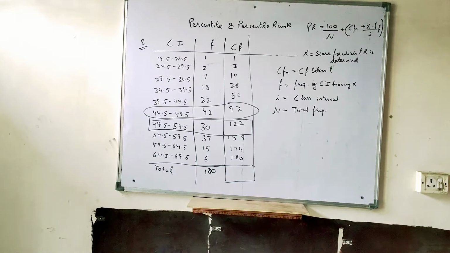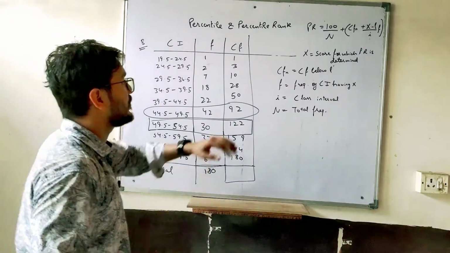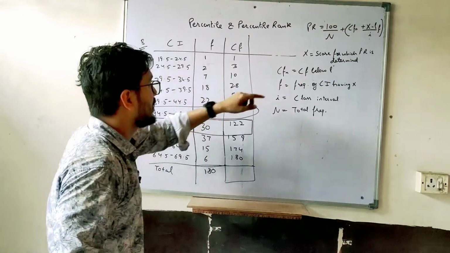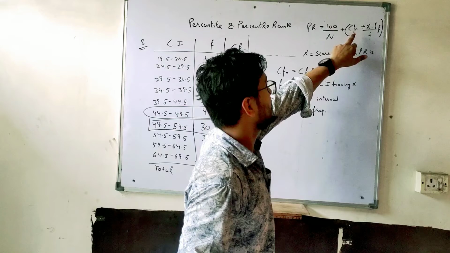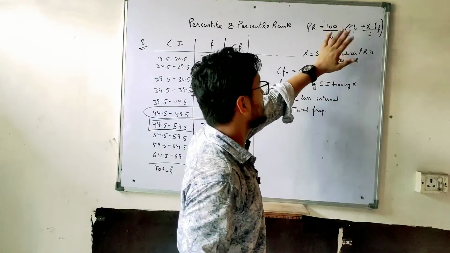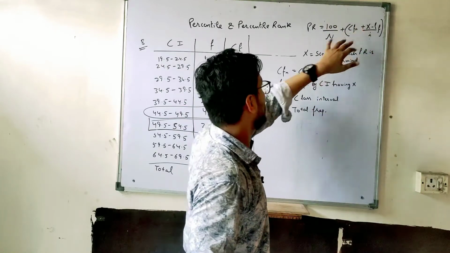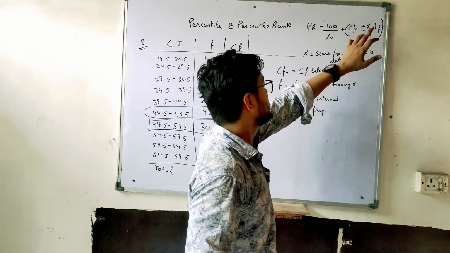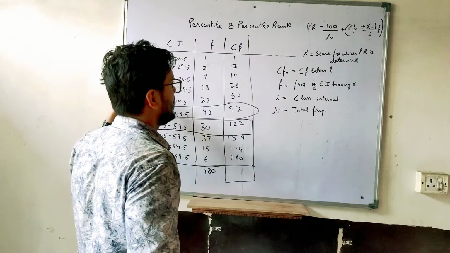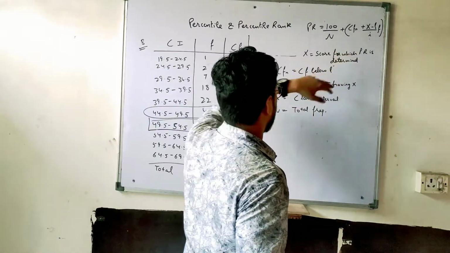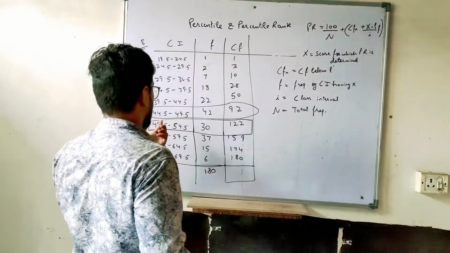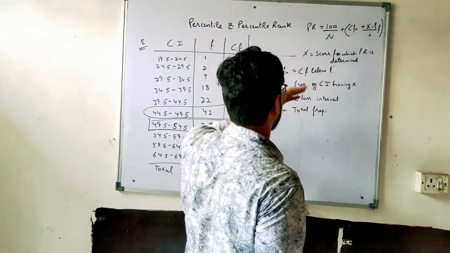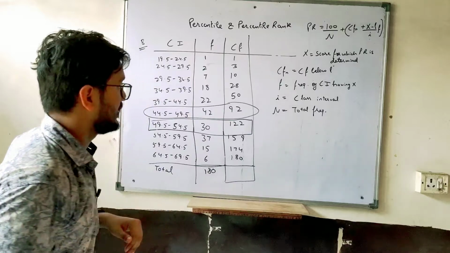Now let's talk about percentile rank. So this is the formula for percentile rank: 100 upon n, where n is the total number of observations, into CFN plus x. CFN means the cumulative frequency of the previous class, and x is the score for which the percentile rank is to be determined, minus L, the lower limit, upon i, the class size, multiplied by f, the frequency.